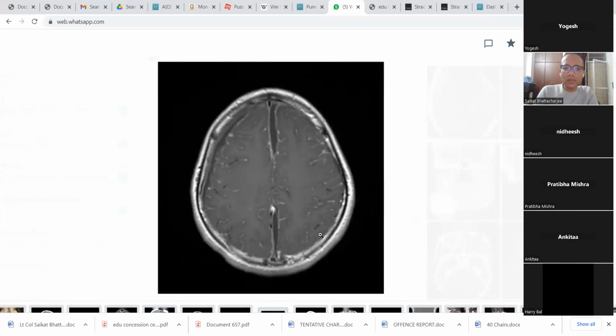Yes, Nidish? This is also a pathology. What are you talking about, nothing of the sort. Meningeal, leptomeningeal enhancement, sir.